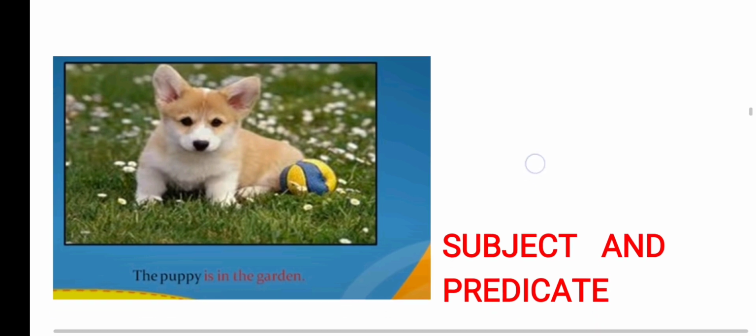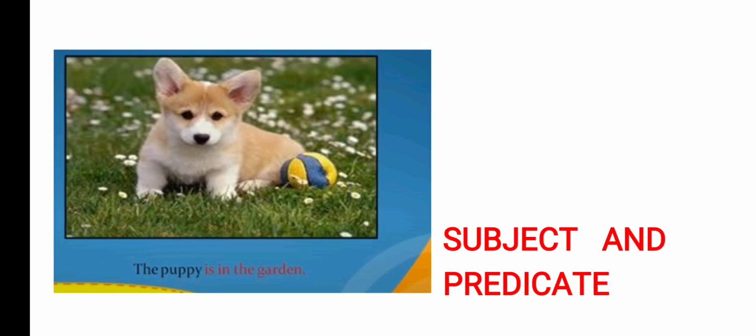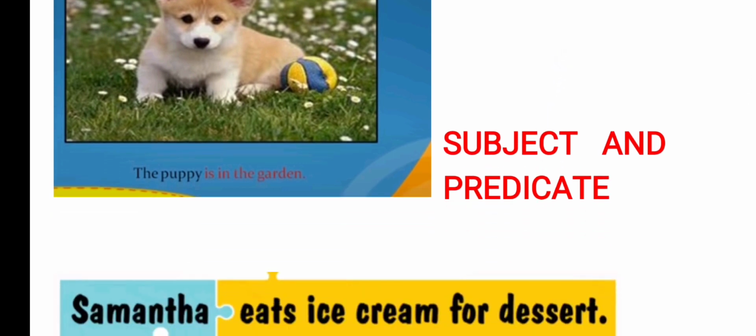For that, firstly, remember, identify the verb from the given sentence. Remember, identify the action word, that is a verb, from the given sentence. And next, you have to ask a question to yourself by adding who or what before that verb according to the sentence. Okay, let's see now in detail.